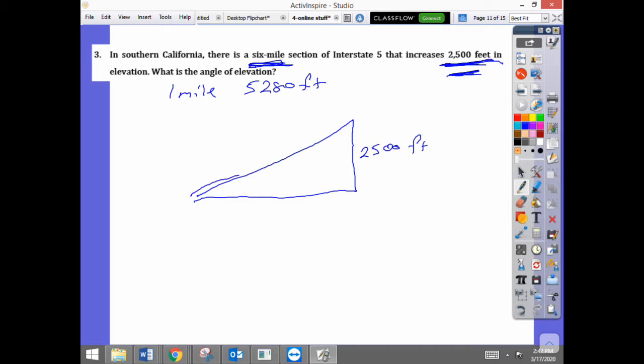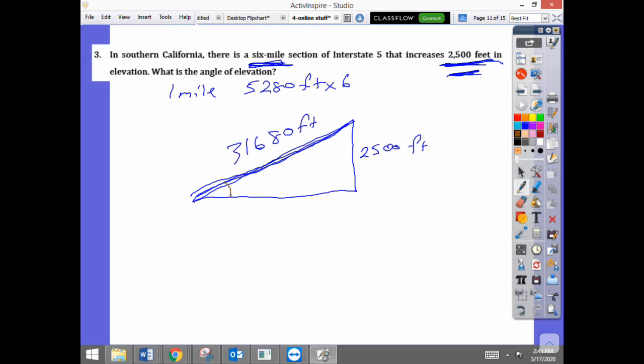This side right here is going to be our 6 miles, or 5,280 times 6, 31,680 feet. And I just did 5,280 times 6, and that gave me the 31,680.